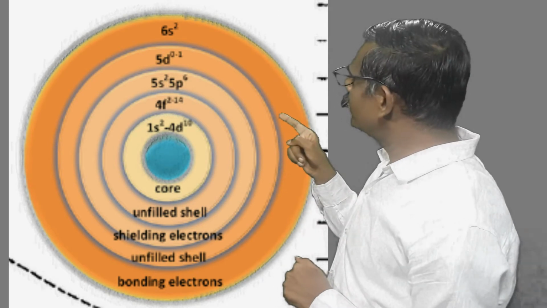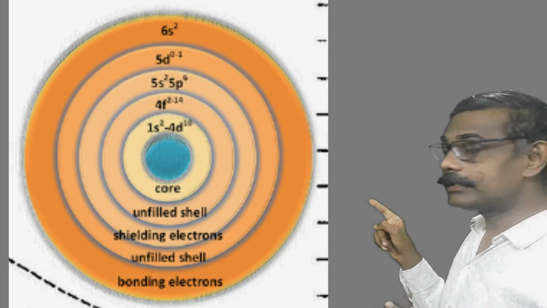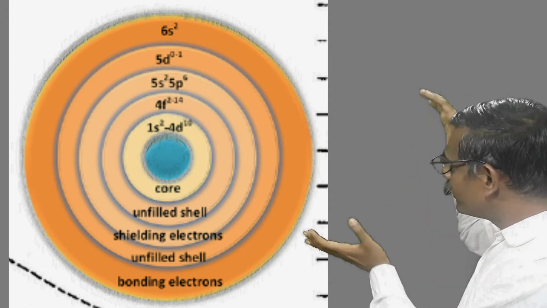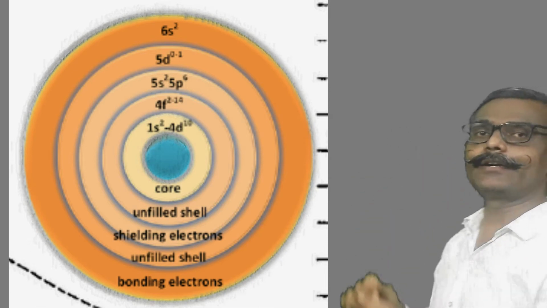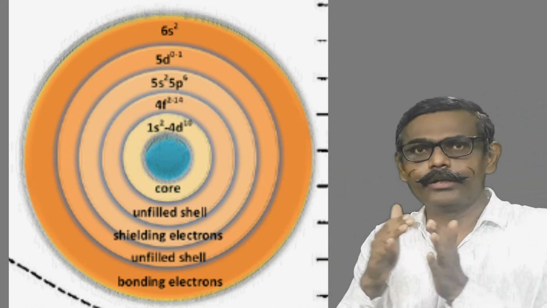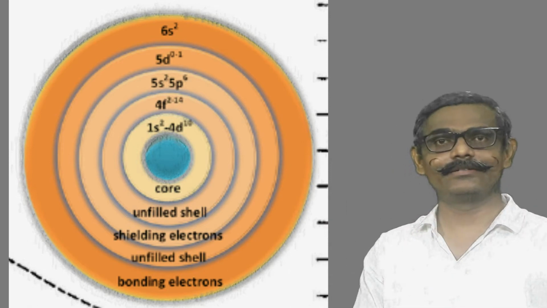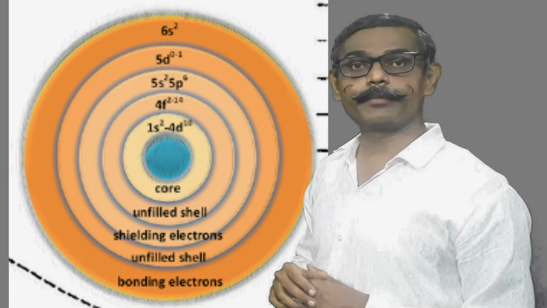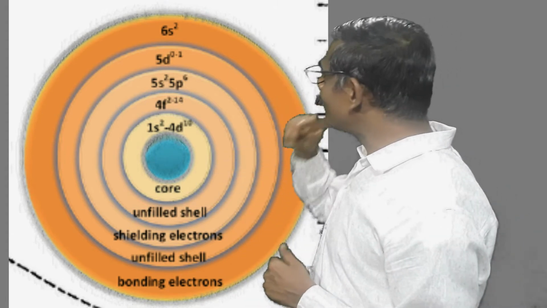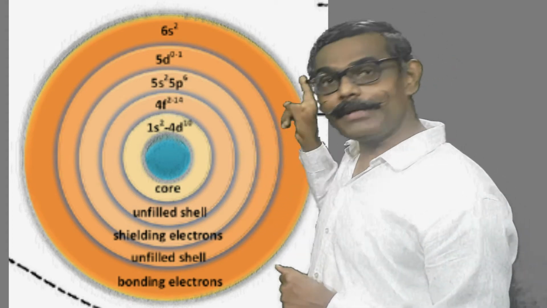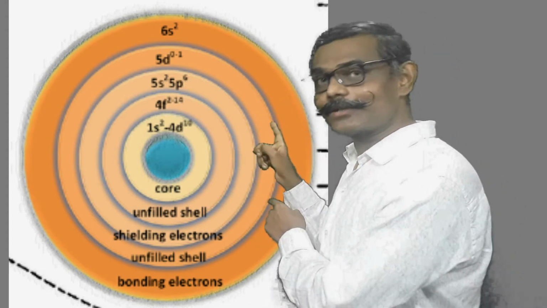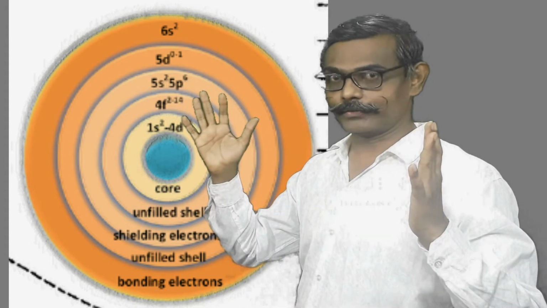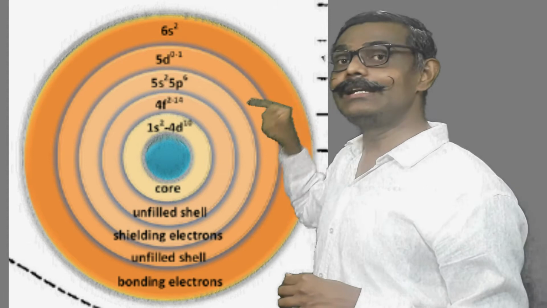What you find here: 4f orbitals, which are the characteristic electron-possessing orbitals, are inside the atom, buried inside. Outer than the 4f orbital, there are the 5s orbital, 5p orbital and 6s orbital. So 4f orbital is the inner orbital.